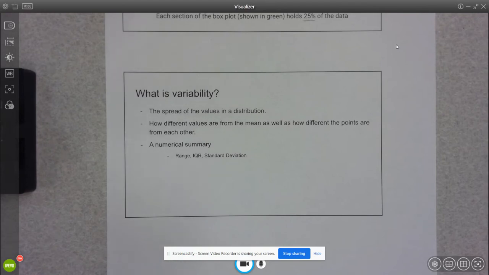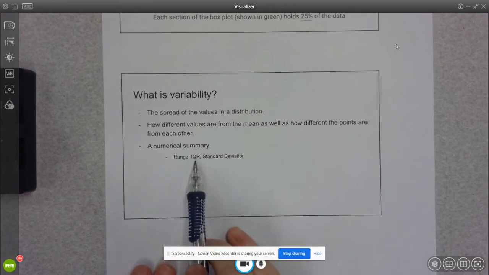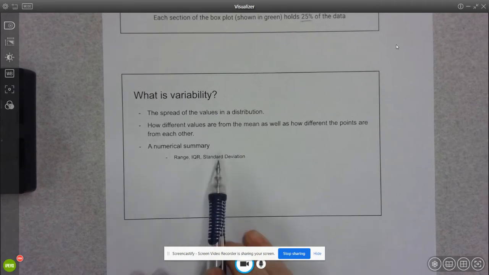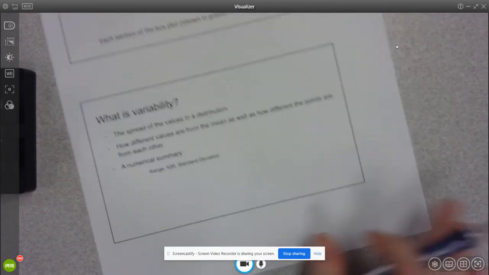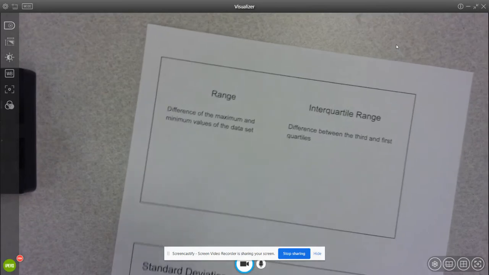So there's a couple ways that we can look at variability. We're going to talk about range, IQR, which stands for interquartile range, and then standard deviation is one other method that we're going to look at with this variability. So let's talk about what all 3 of those things mean, and then we'll do an example.